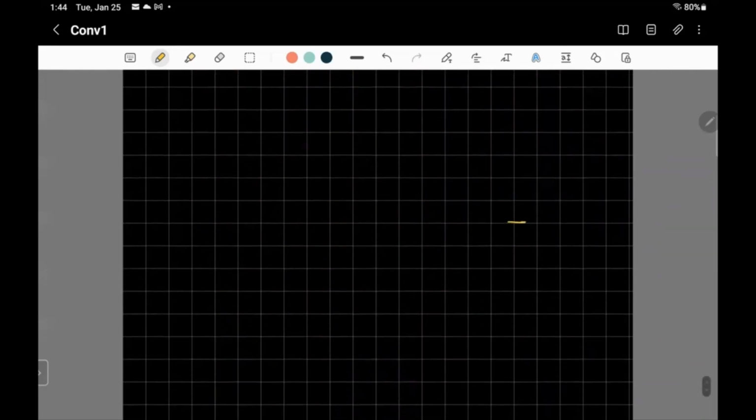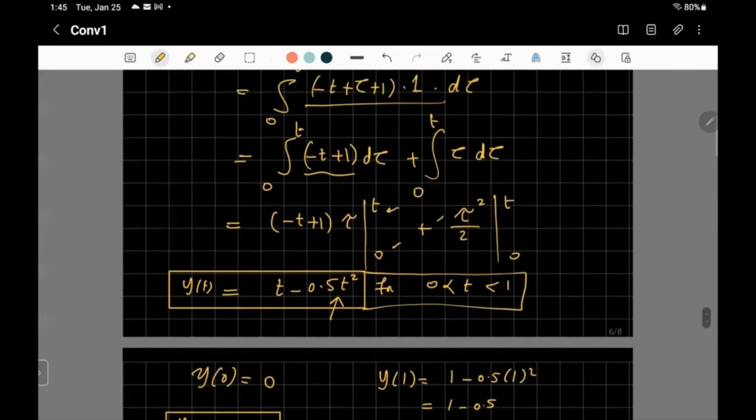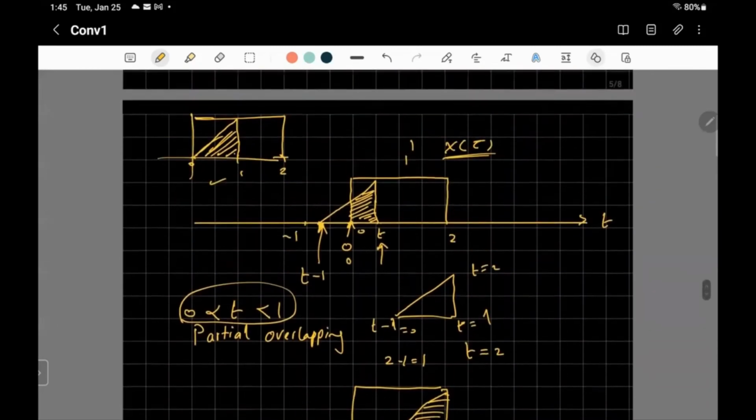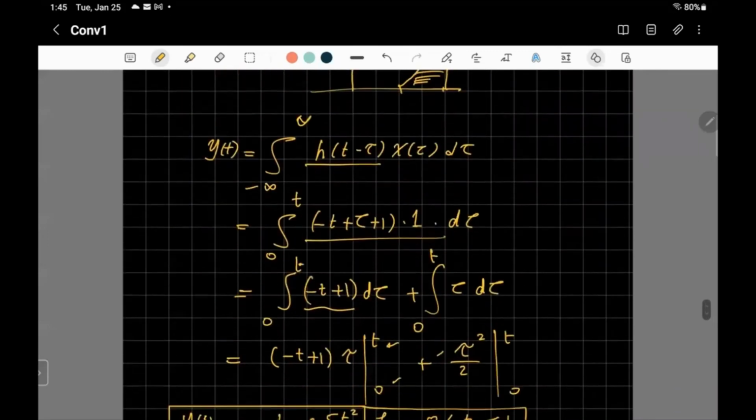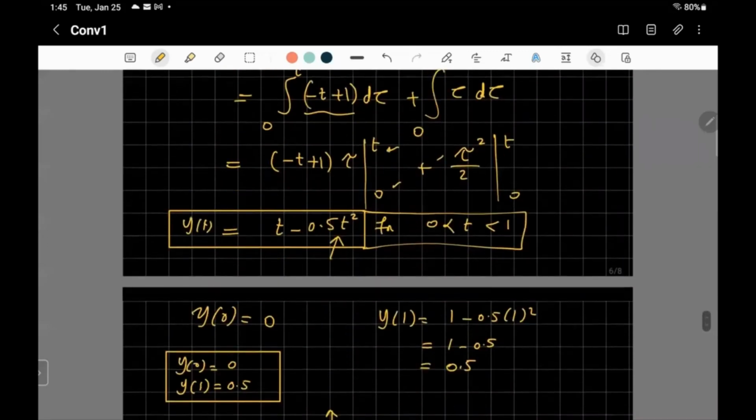So I will sketch now the y. You remember, that's y of t. We said before y of t is equal to 0 there. And to refresh your memory, from 0 to 1, what was the result? That's what we got: t minus 0.5 t squared.